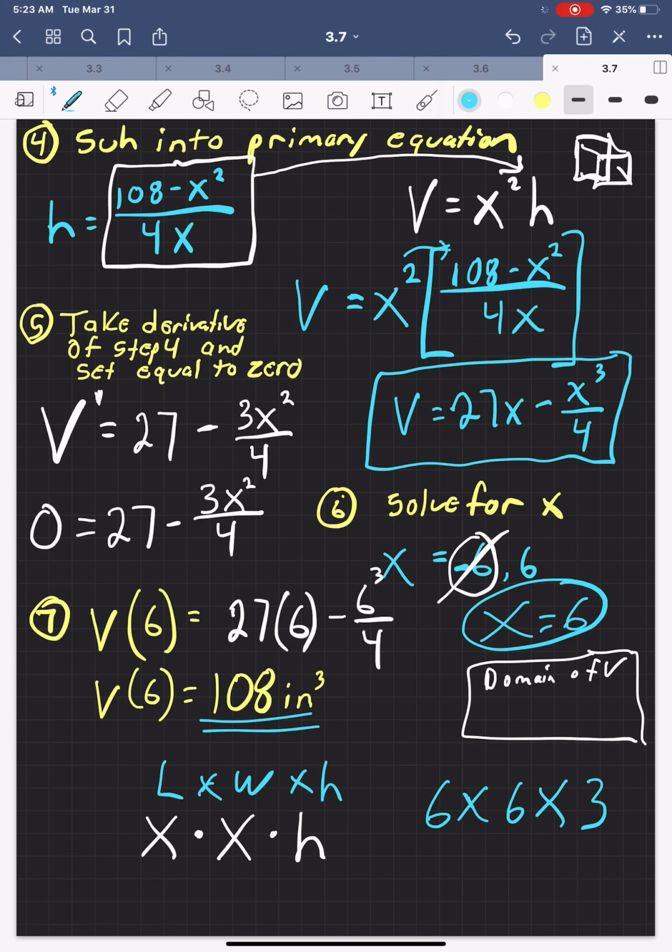Those are the dimensions of the box that will produce the maximum volume for this open top box with a surface area of 108 square inches. All right, this is optimization. I will be back soon with some more videos.